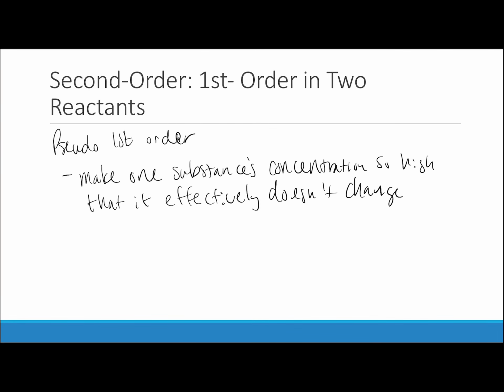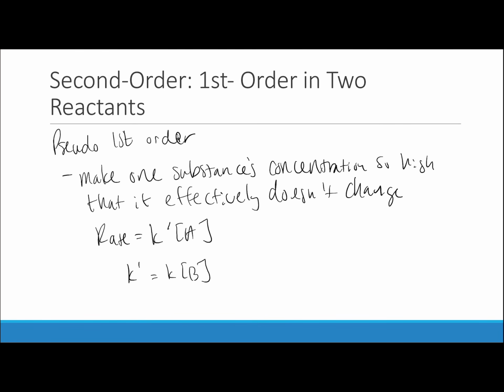So you look at the other substance. So what you get is rate is equal to k' [A], where your funky k' is equal to k[B].